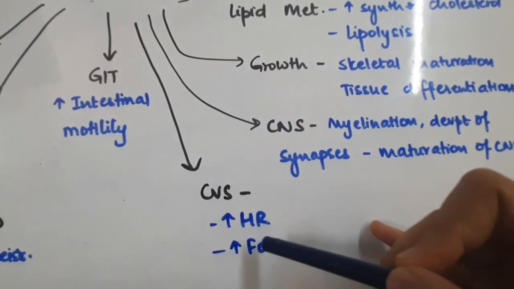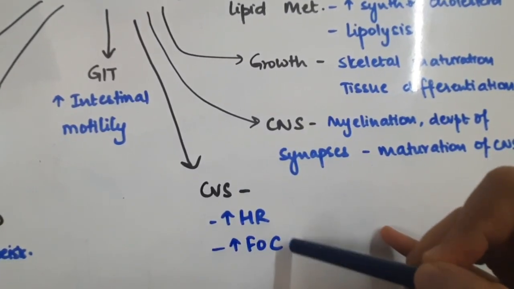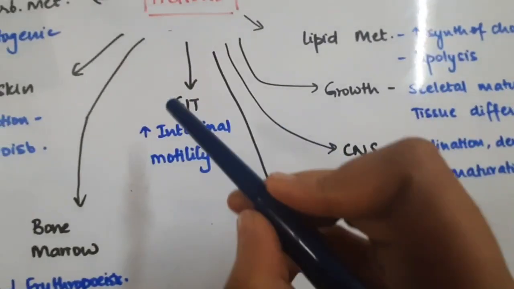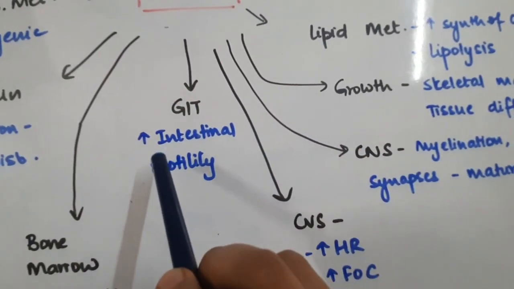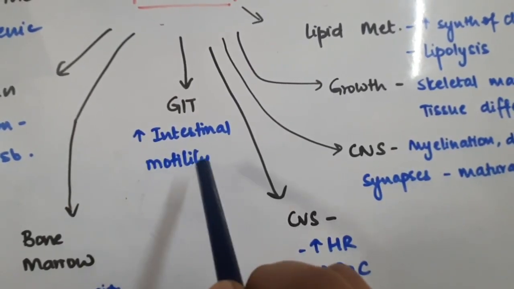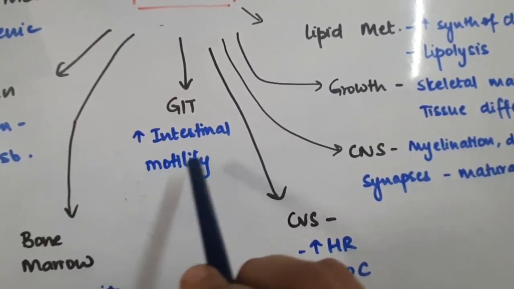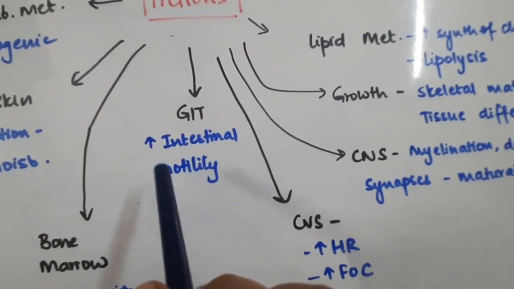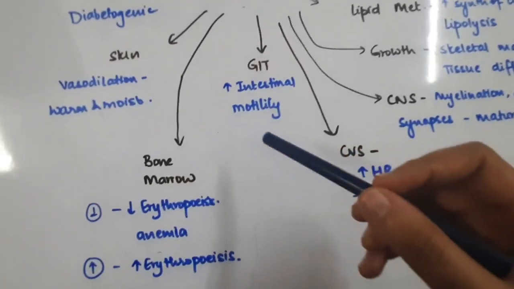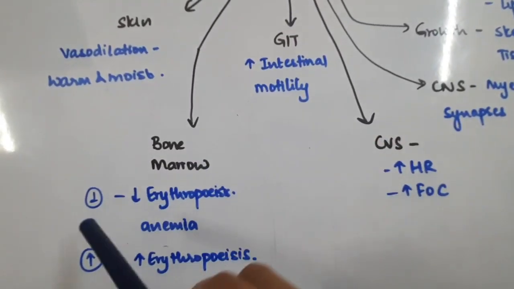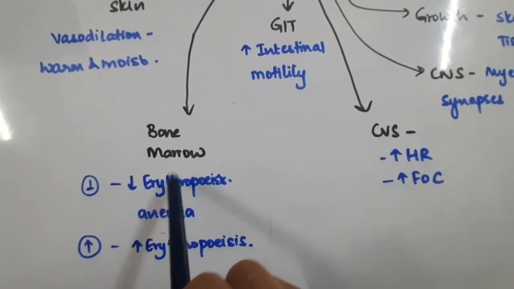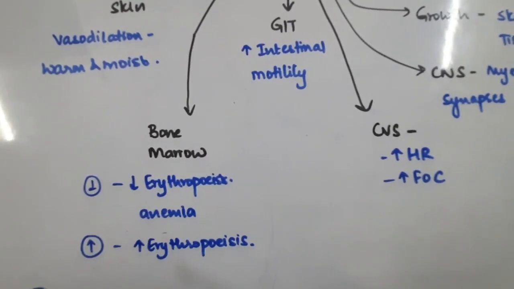In the CVS, thyroid hormones will increase heart rate and they will increase force of contraction. In the gastrointestinal tract, intestinal motility is increased, which means the food and gastric contents will pass quicker through the intestines. If we look at the bone marrow, if thyroid hormones are decreased, there will be decreased erythropoiesis in the bone marrow leading to anemia.